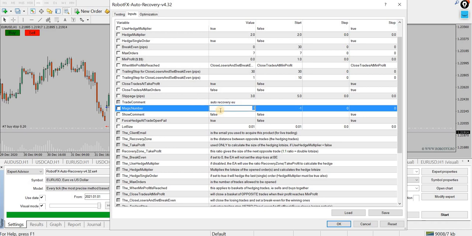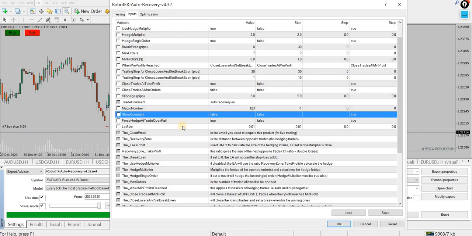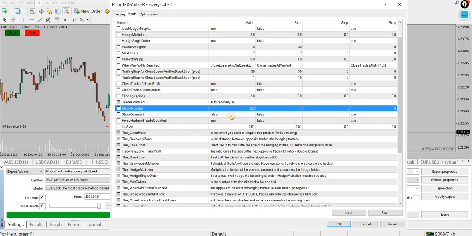A magic number, if, like I said, you are using another expert advisor to open the trades, some expert advisor triggering trades by some signal, I don't know, moving average intersections or something like that, and you want to hedge that single trade, then make sure both have the same magic number, both expert advisors, this one and the other one, and of course that they are both attached to similar charts.